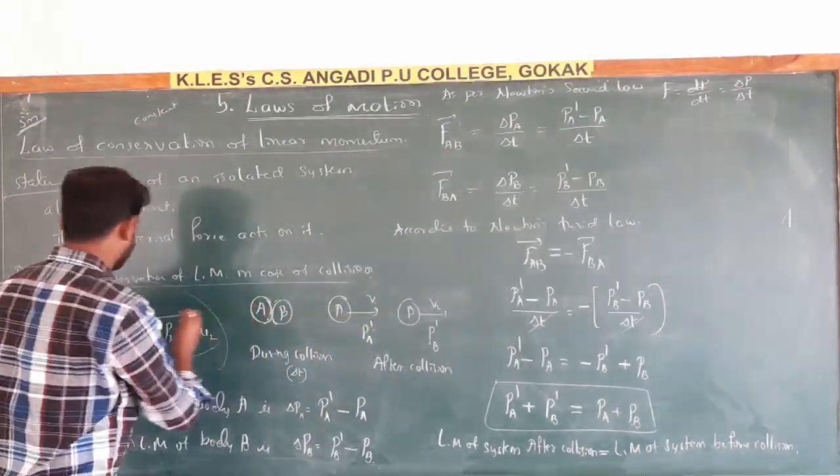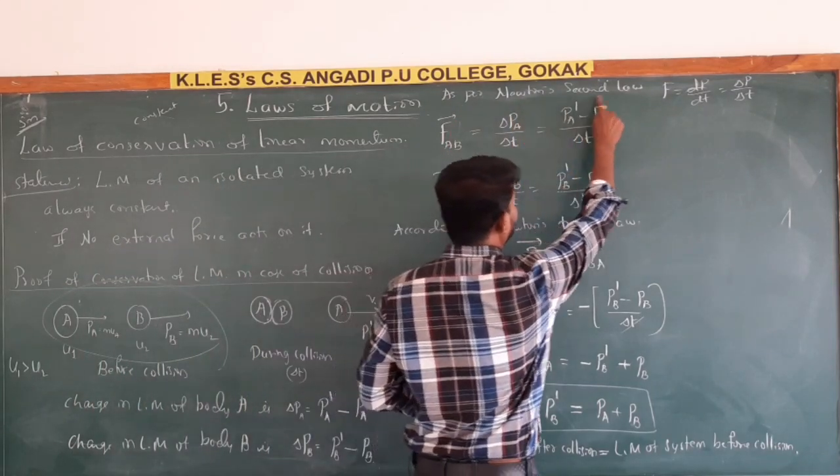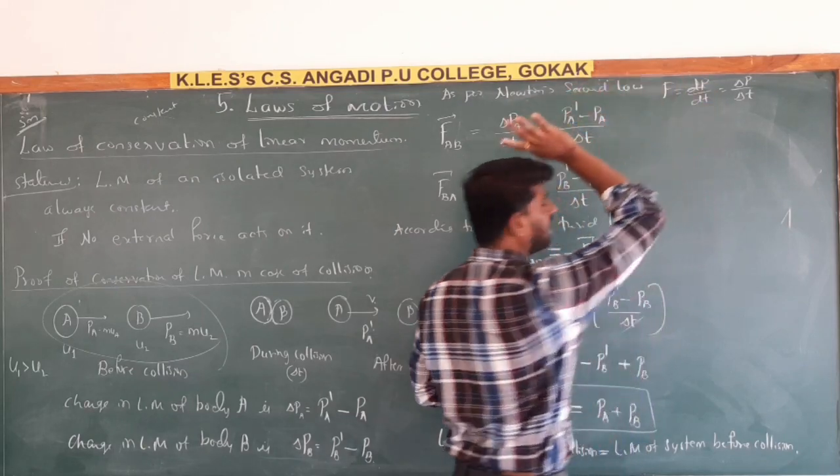Final minus initial. Then as per Newton's second law of motion, F is equal to the rate of change of linear momentum.